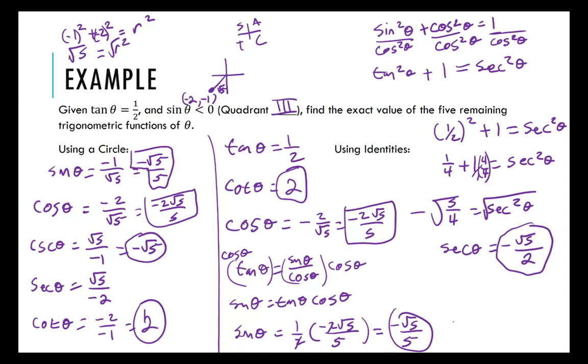And then lastly, I get cosecant for free. Cosecant is then going to be negative 5 over root 5. Then if I need to rationalize, it's negative 5 root 5 over 5, but that reduces to negative root 5. And so then we have found them in two ways.